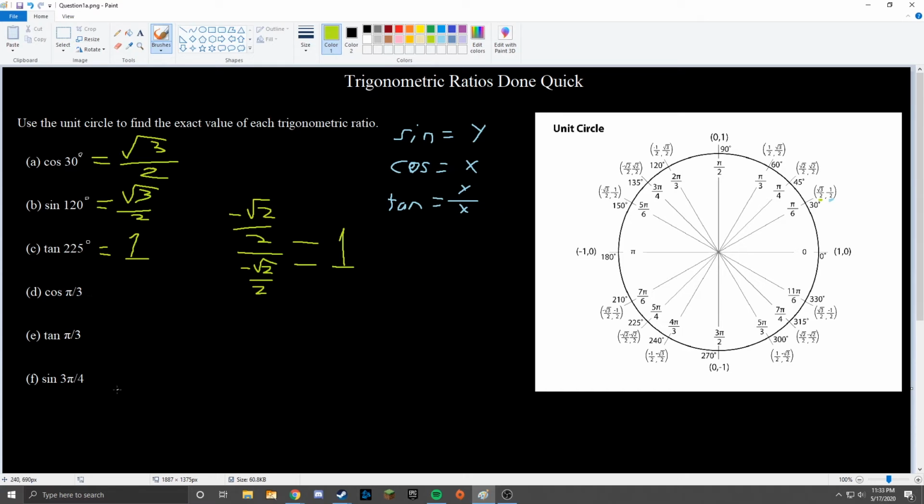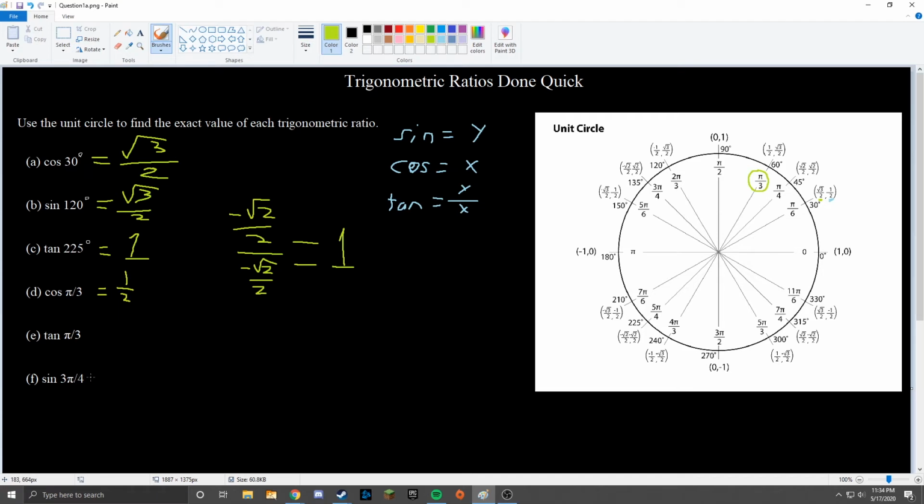Alright, now moving on to the radians, or the pi's. We have cosine of pi over 3. So we can just look and notice it's right here. And we know the cosine, that should be 1 over 2.